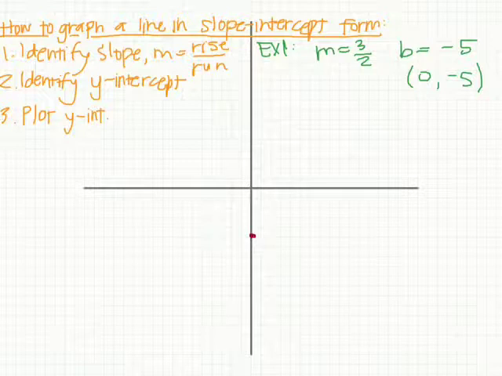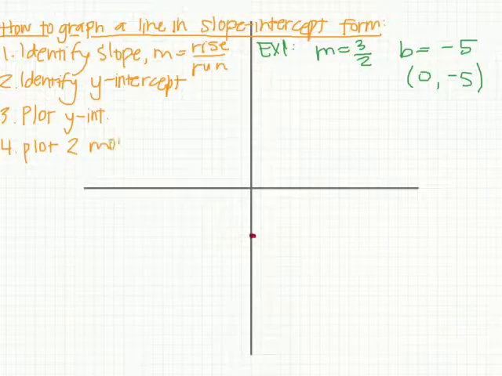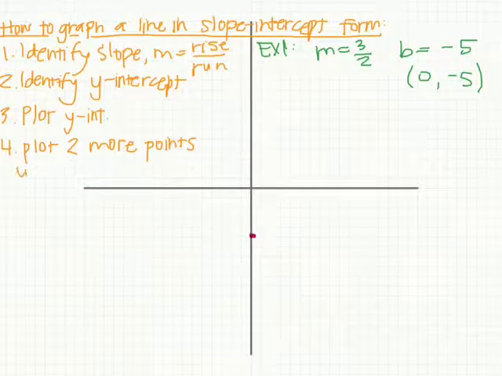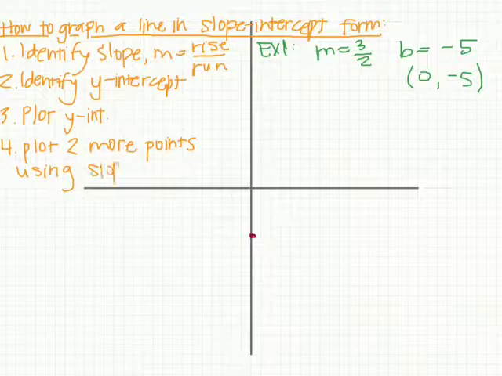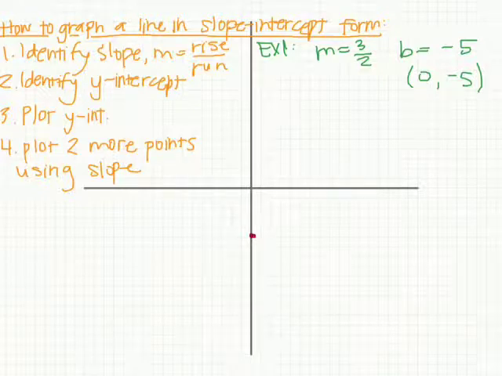Okay. Next, my fourth step is to plot 2 more points using slope. So when I say using slope, I'm going to use the rise over the run. So let's make a little side note.